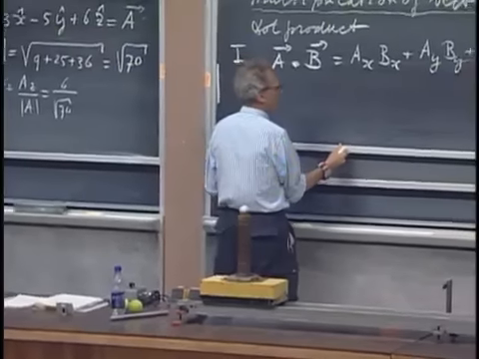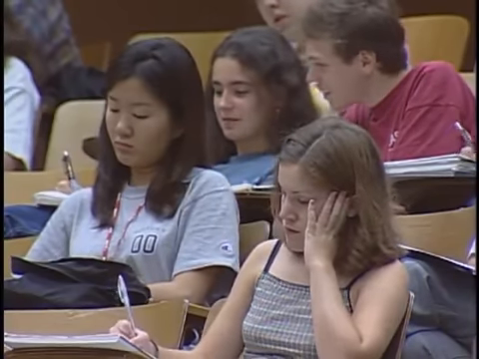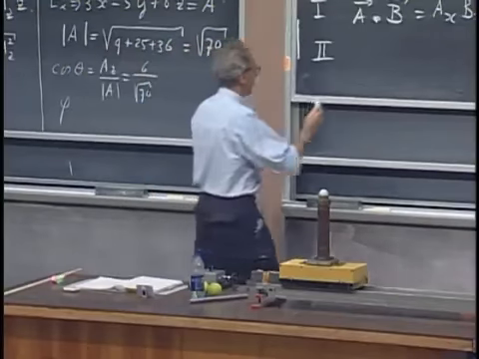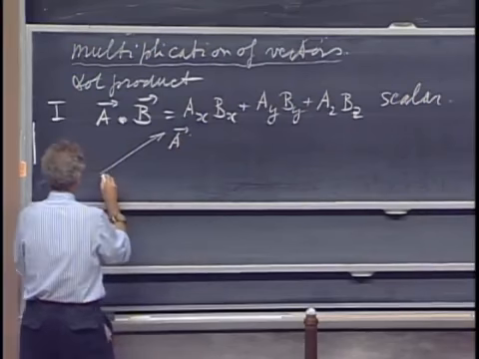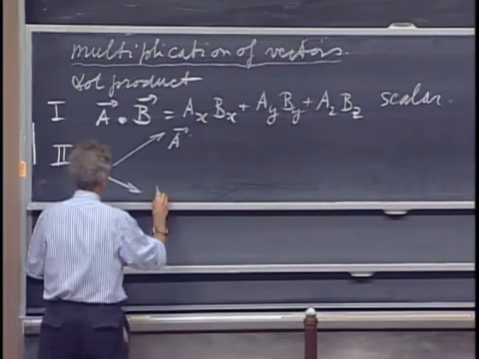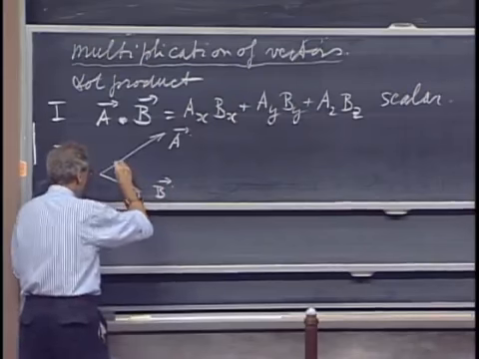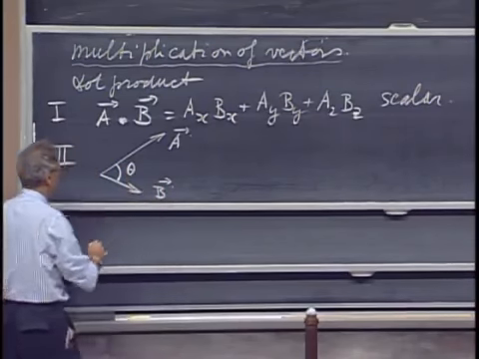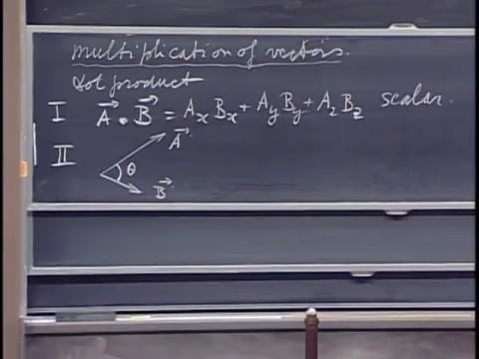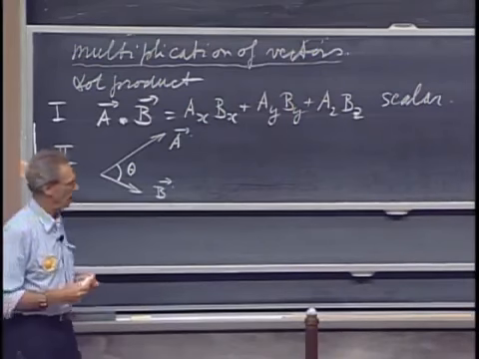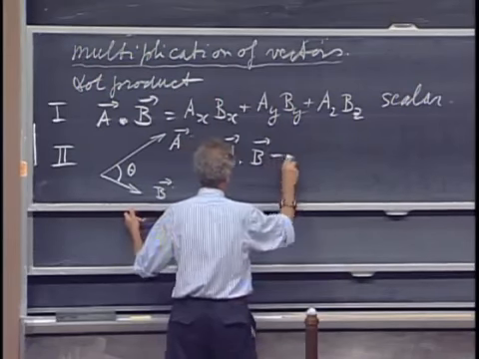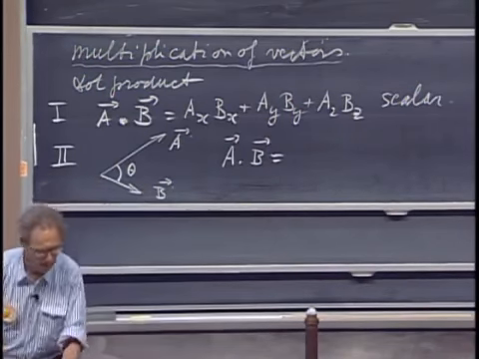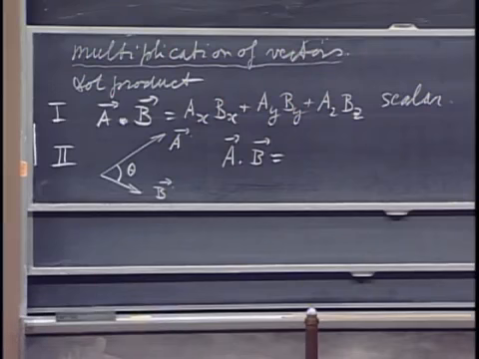There is another way to find the dot product, depending upon what you're being given, how the problem is presented to you. If someone gives you the vector A, and you have the vector B, and you happen to know this angle between them, this angle theta, which has nothing to do with that angle theta, it's the angle between the two, then the dot product is also the following, and you may make an attempt to prove that.